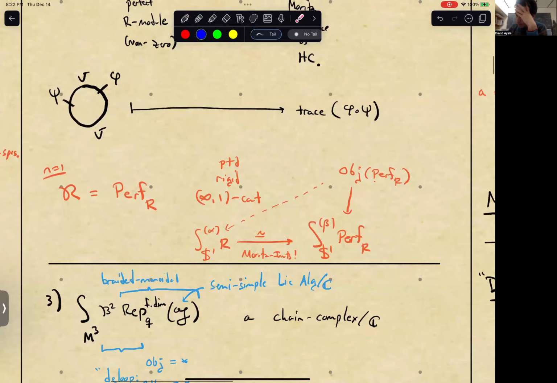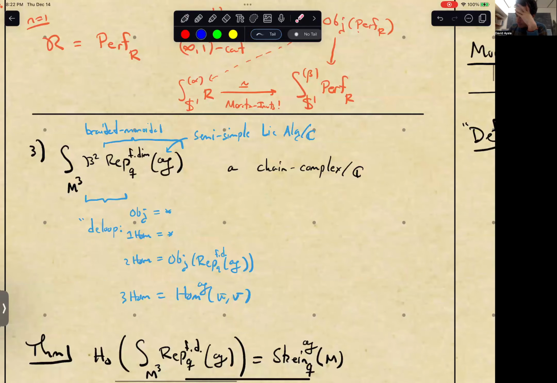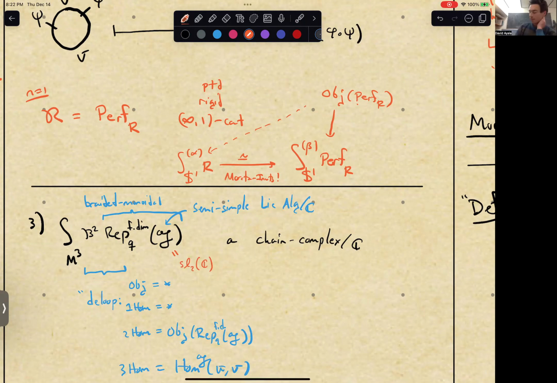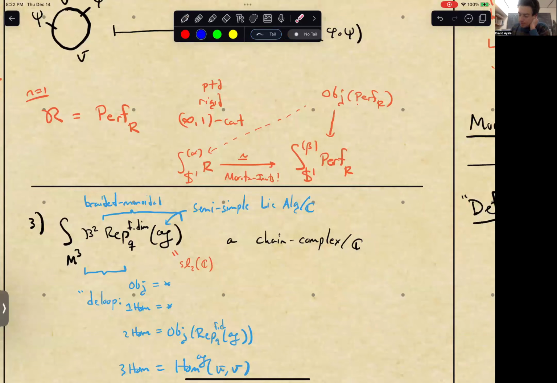So pick a semi-simple Lie algebra over the complex numbers, G. And I invite you to just think little SL2 of C. And look at the finite dimensional representations of it.